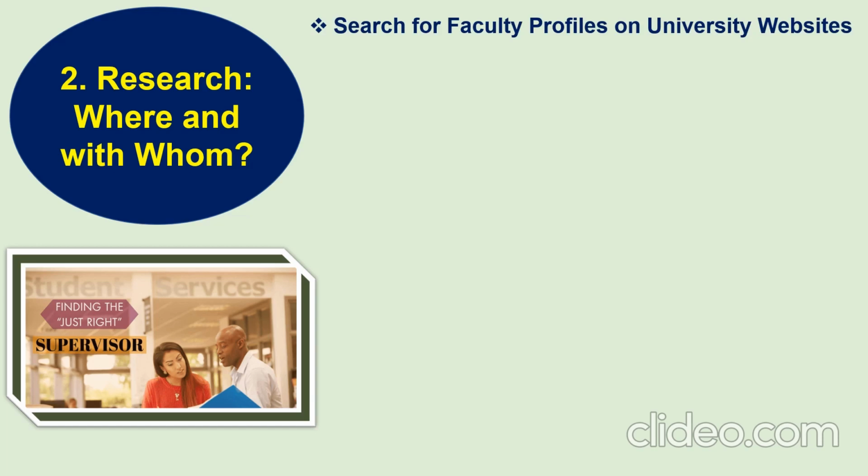You have to search for the faculties who are already working on your research interest. Then you can make a list of potential supervisors who are working on your research interest area.